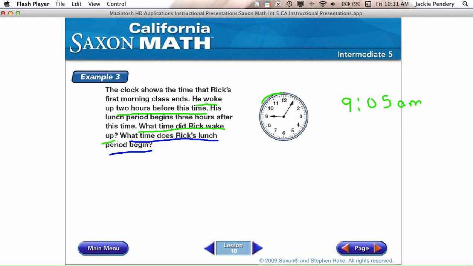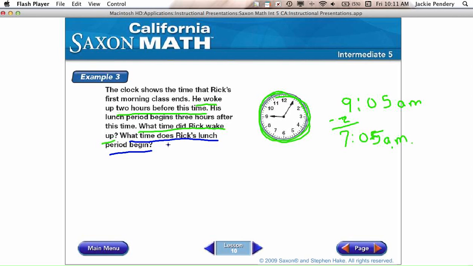Going backwards 1 hour would be 8:05, and a second hour would then be 7:05 a.m. Okay, that's a 5. So it is like subtracting 2 from the hours, and we leave the minutes alone. So he woke up at 7:05 a.m.